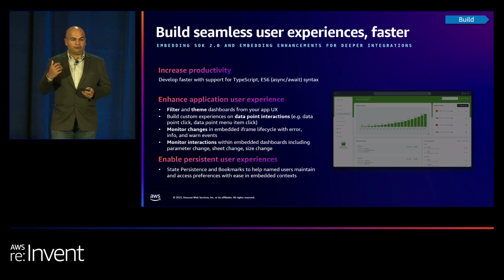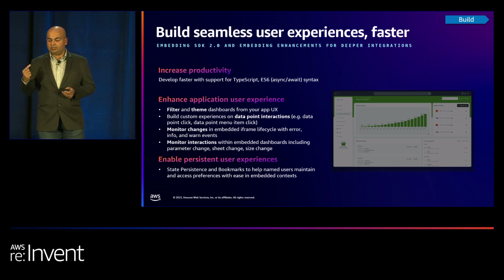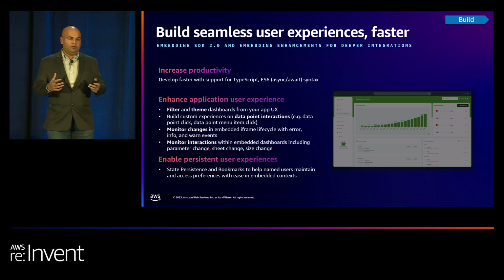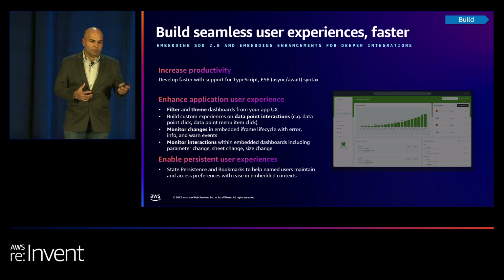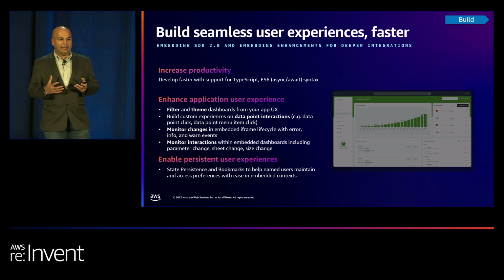So for example, from the host application, you can specify filters that you want to apply. You can apply runtime theming. And at the same time, when the user interacts with data within QuickSight, you can allow the host application to listen to what is being clicked on, listen to on-load events, and so on, which makes sure that you have a cohesive experience being built out.